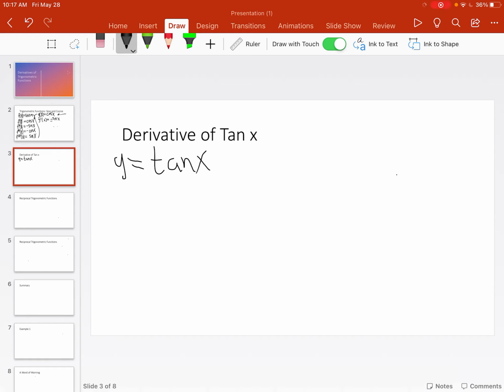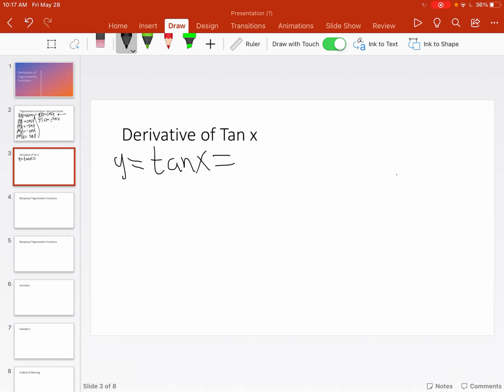We could use the limit definition of the derivative, but that's a little tedious, as we've seen. Using the limit definition of the derivative is usually quite tedious. So what do we do? Like I said, you need to be really, really comfortable with your trig identities.